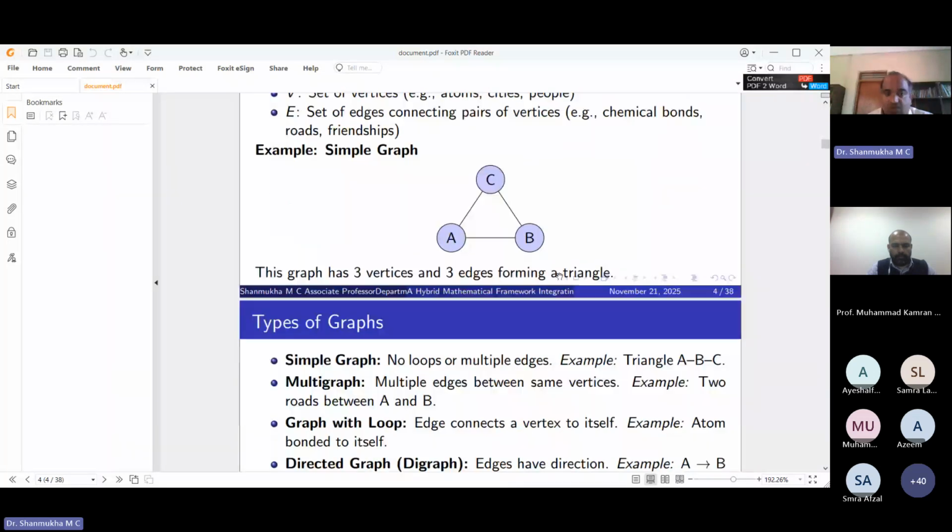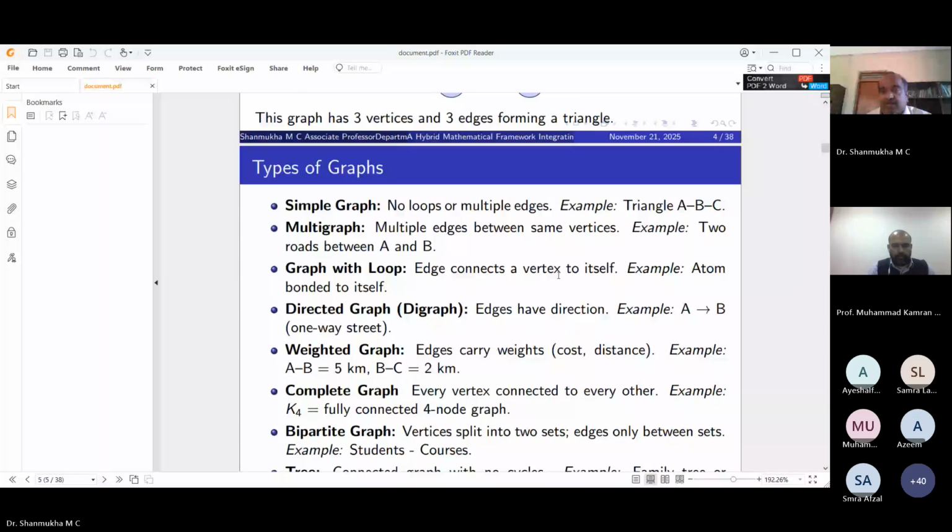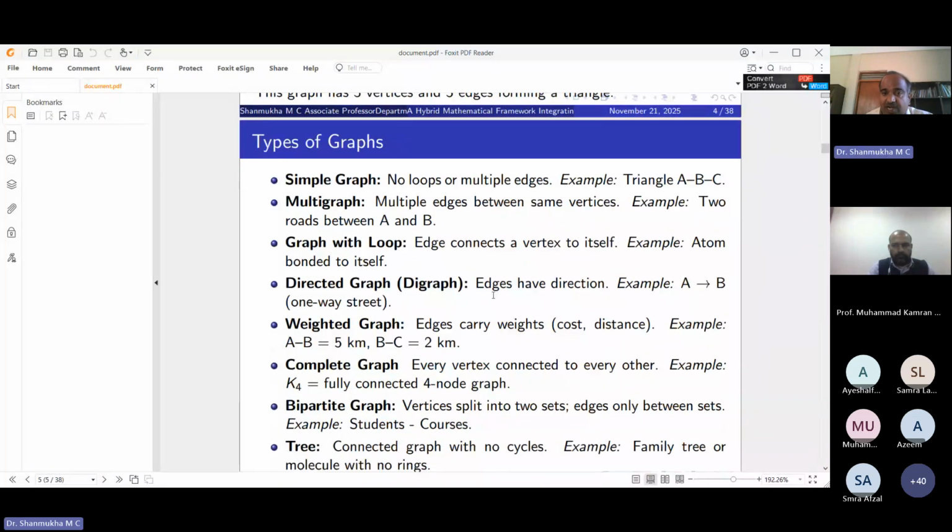Then we move on to types of graphs. Here, a simple graph has no loops or multiple edges. Example, triangle. Then multigraph, with multiple edges between the same vertices.